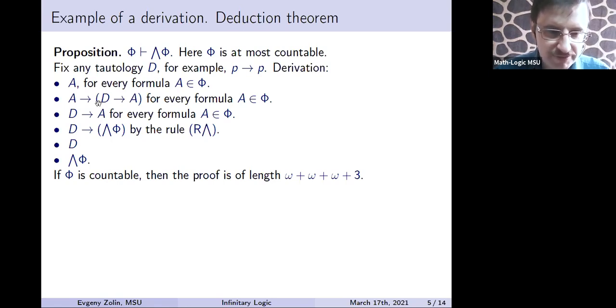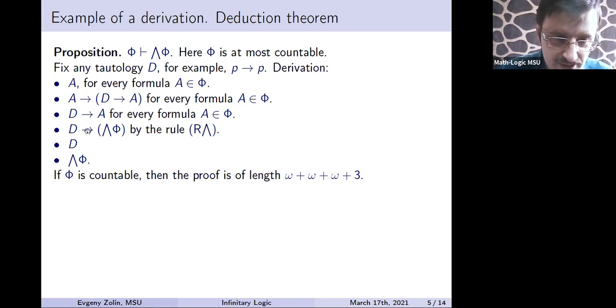Then the formula number 4 will be A1, and similarly for A1. So we have 3 plus 3 formulas, and so on. So we reorder these formulas. So we have 3 plus 3 plus 3 plus 3, and so on. So these 3 lines will occupy only omega formulas. They will be ordered like the ordinal omega.